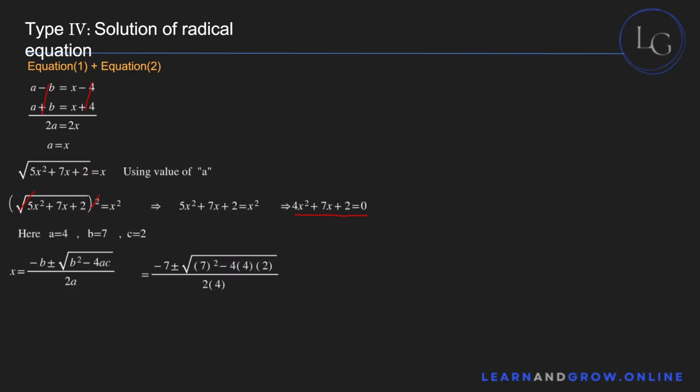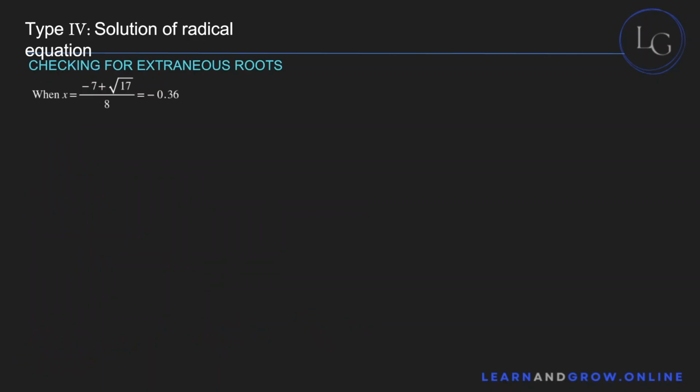And by using the quadratic formula, because over here it is quite difficult, actually it is not even possible to do factorization, you get two values for this. x is equal to minus 7 plus under root 17 over 8 and minus 7 minus under root 17 over 8. So now you check for extraneous roots.